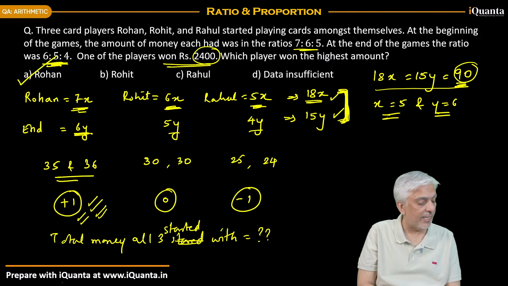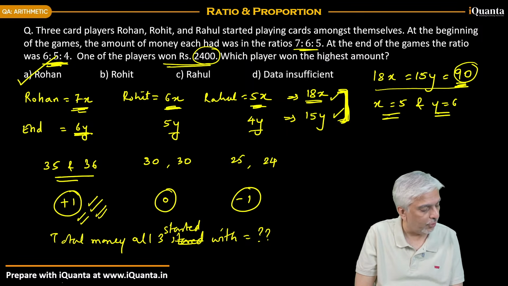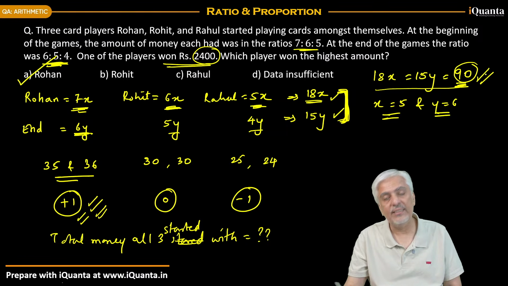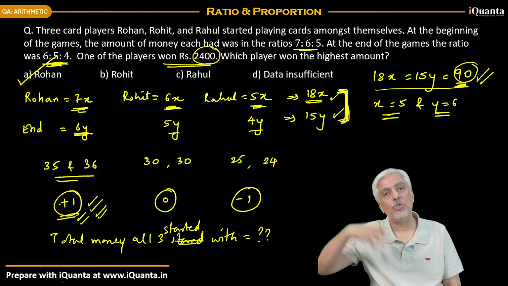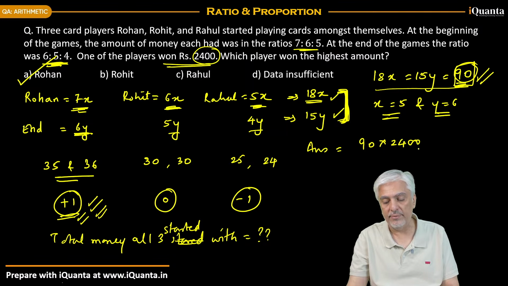So think a little bit and get me the answer. Somebody saying 90 into 2,400. Okay, because we started with 90, we got answer as 1. So if I want the answer as 2,400, I have to just multiply this by 2,400. Good. So final answer will be 90 into 2,400, which is 216,000.